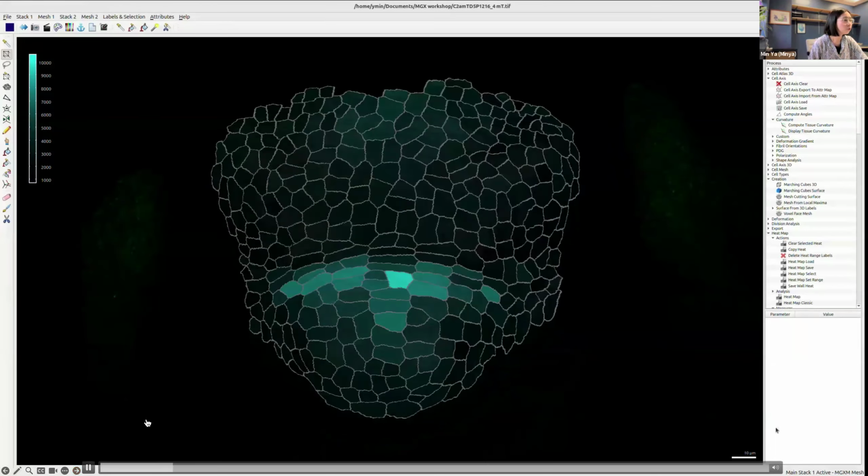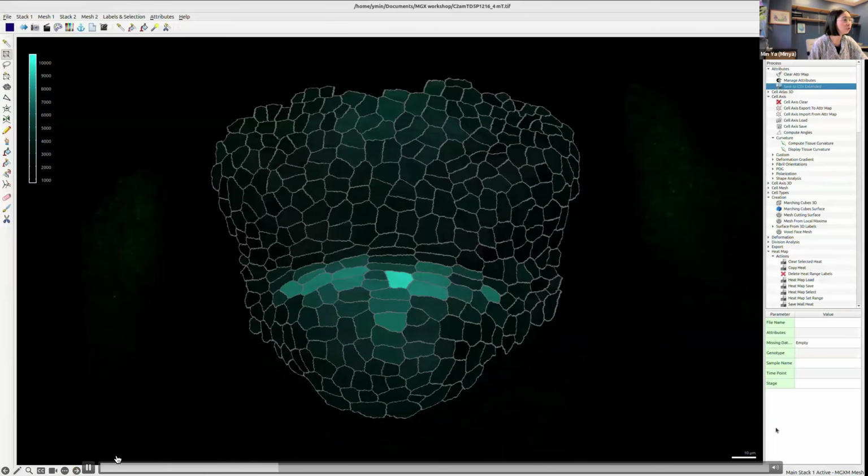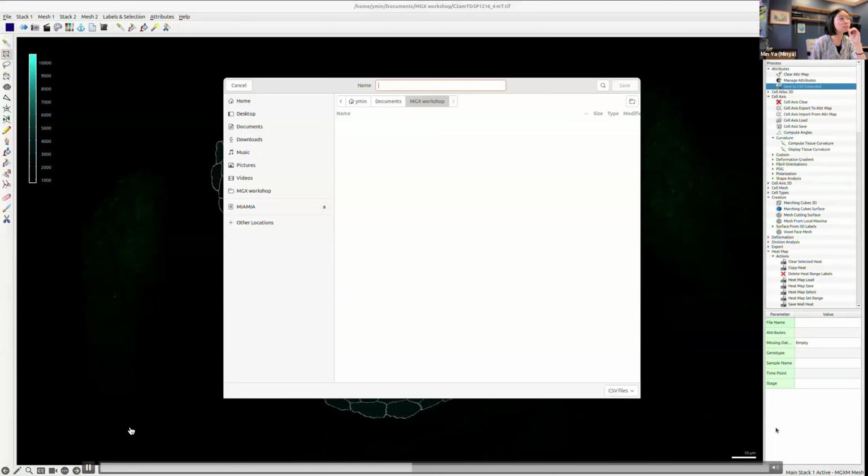But the one last thing I want to show you is how to highlight the cells with the highest expressions. If you look at the upper right corner, we can actually save every piece of information in this heat map into a CSV file, which is what's happening right now.